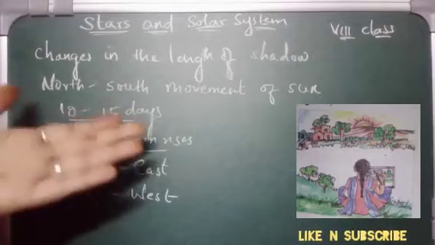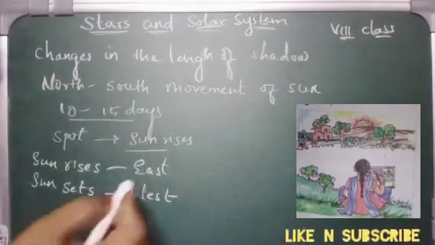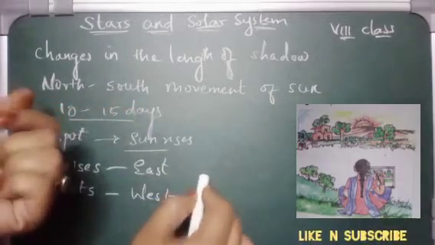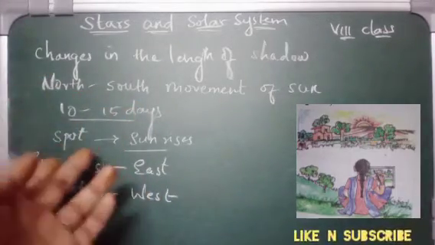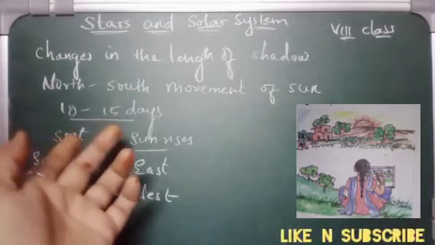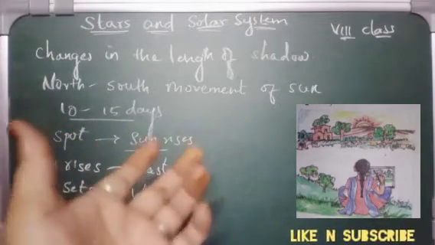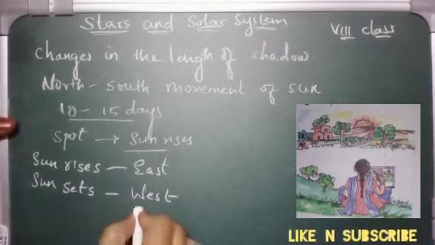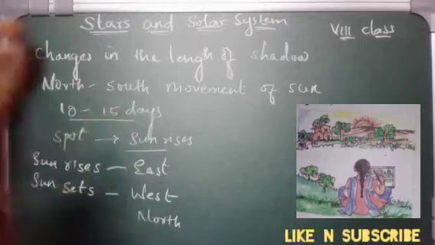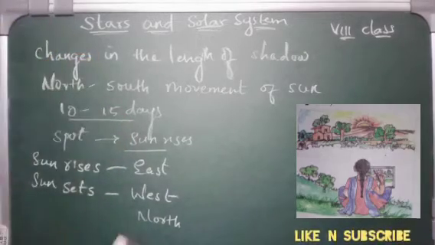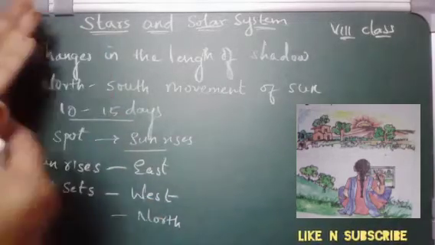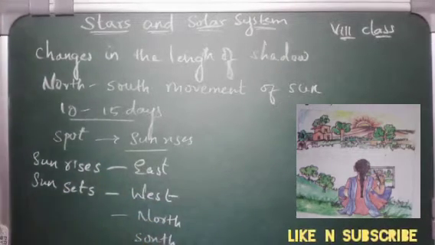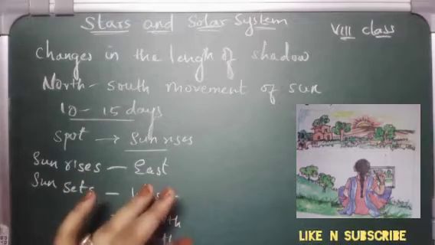If you see your left hand, suppose this is your east and this is your west. Wherever your thumb is, that side will be your north, and opposite of north is south. I hope it is clear where north, east, west, and south are.